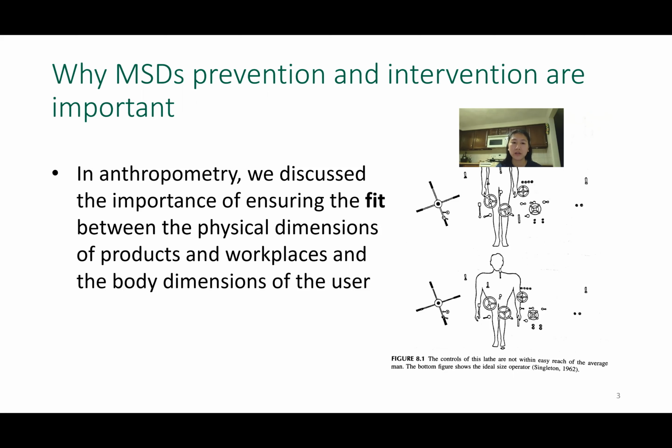So we had a dedicated few lectures talking about anthropometry. In that, I hope you remember that we discussed the importance of ensuring the fit between physical dimensions of products and workplaces and the body dimensions of the user. And I also hope that you remember the picture from the right when I talked about how a system may require the users to use their bodies to control certain things using certain physical controls, as shown in the top right picture.